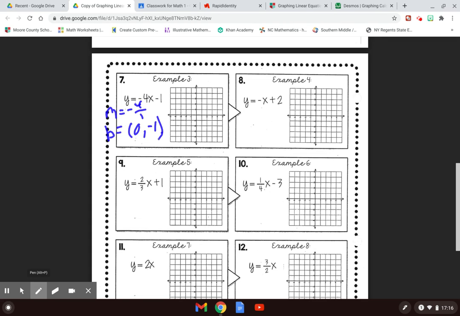Okay, so same thing, I start at -1. And I'm going to count down 4 and over 1 because it's negative, and I do this from left to right. So I start at -1, and if I count down 4, 1, 2, 3, 4, and then over 1, it puts me right here. And there's my line.